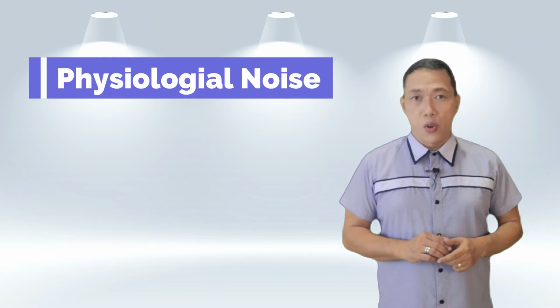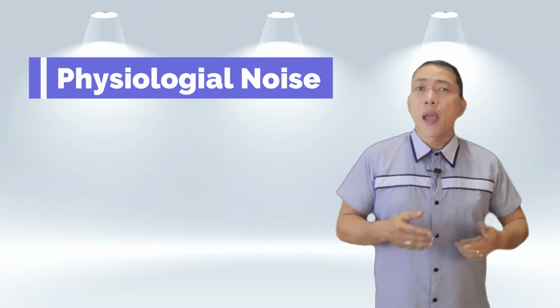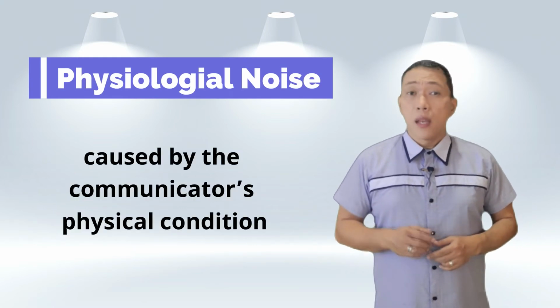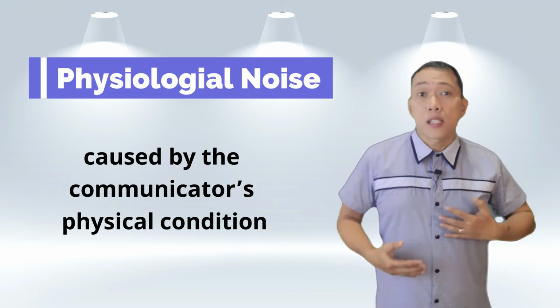The second barrier of communication is what we know as physiological noise. It is a barrier that is caused by the communicator's physical condition. Usually, physical illness and weakness produce physiological noise, and this noise obstructs effective communication.